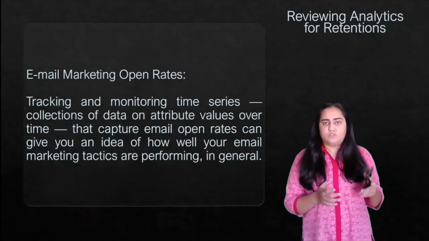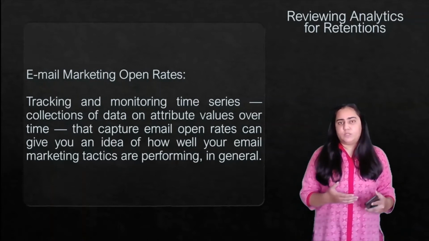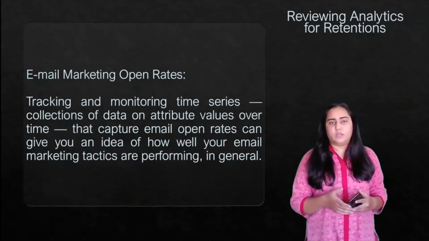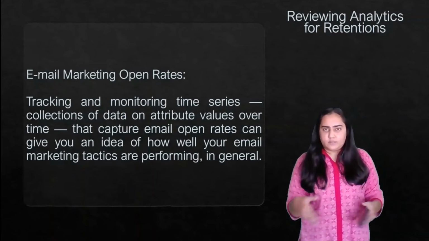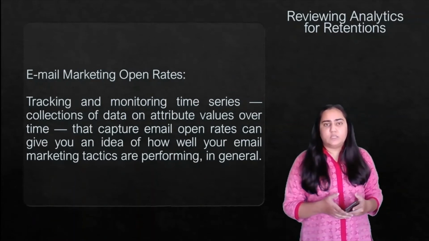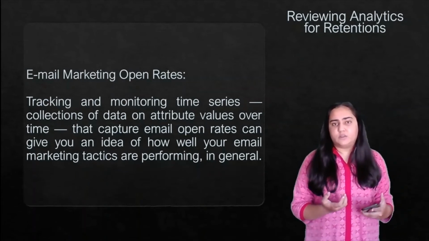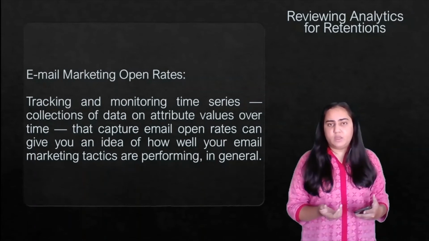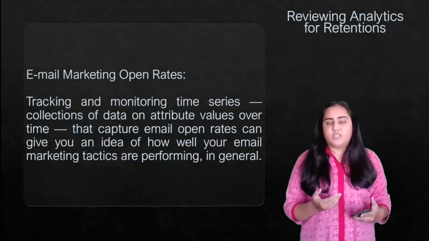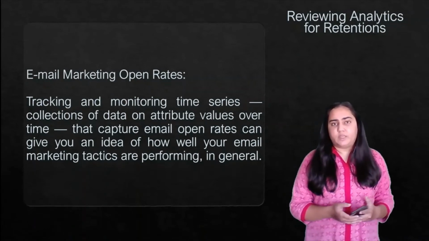This is where you can track, monitor and perform time series analysis, which I'm going to be talking about later on in this video series in this playlist. There you can see how different data is collected on attribute values over time, and it helps you to capture email open rate, which can give you an idea of how well your email marketing tactics are performing in general.